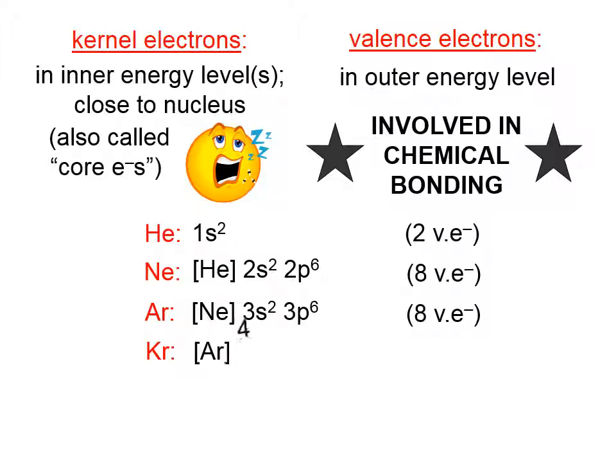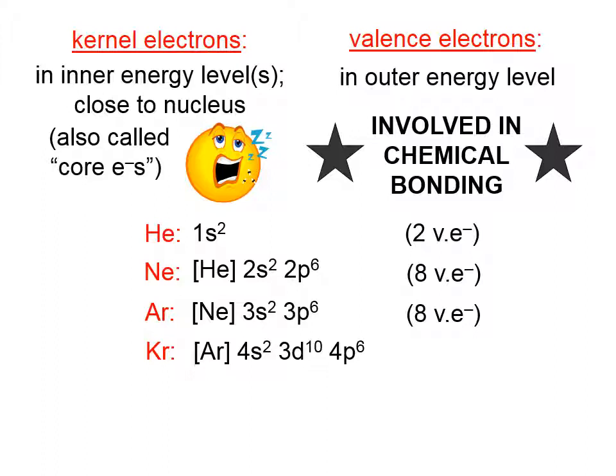What about for krypton? Here's the shorthand electron configuration for krypton. We write Ar, and then 4s2, 3d10, 4p6, and we say, well, how many valence electrons is that? And some students want to add up all of these superscripts and say 18. But recall that the coefficient, in other words, this 4 here, this 3 here, and this 4, represents the number of the energy level.